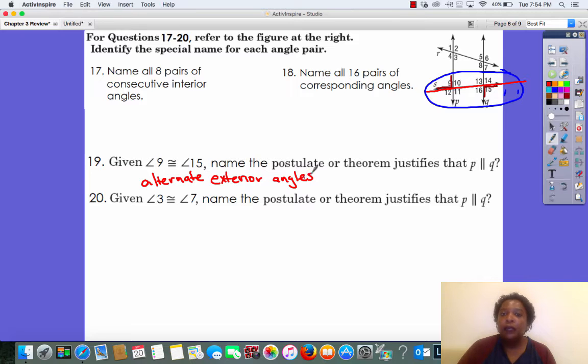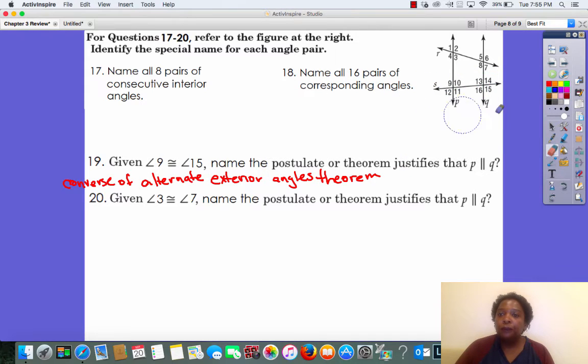Exterior angles. And we're working backwards to prove the two lines parallel, so backwards we put on converse of. The last part is determining, is it a theorem or a postulate? We know postulate is only corresponding, so this is theorem. And here's that little shortcut on naming the theorem. So the answer is converse of alternate exterior angles theorem.